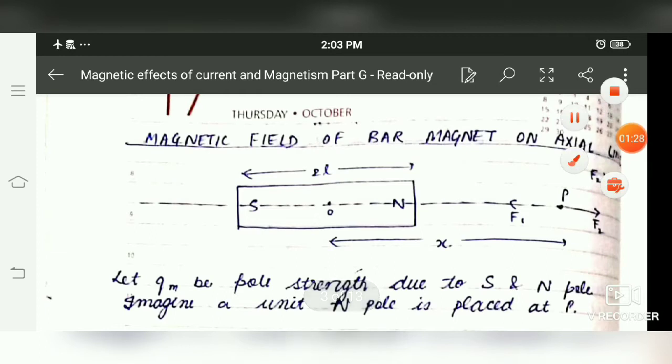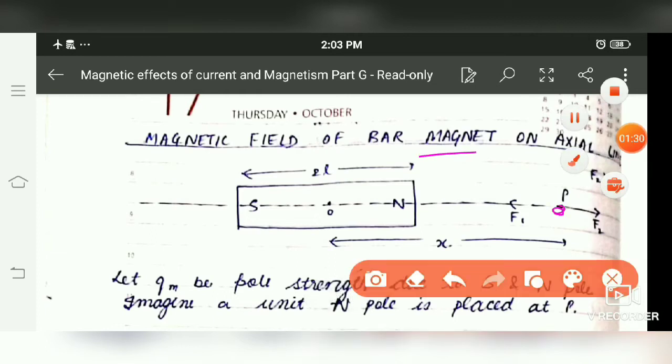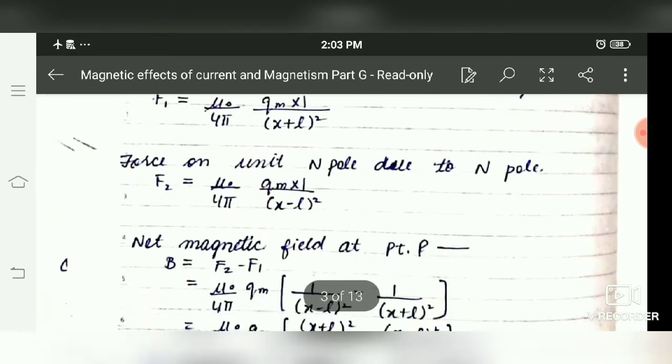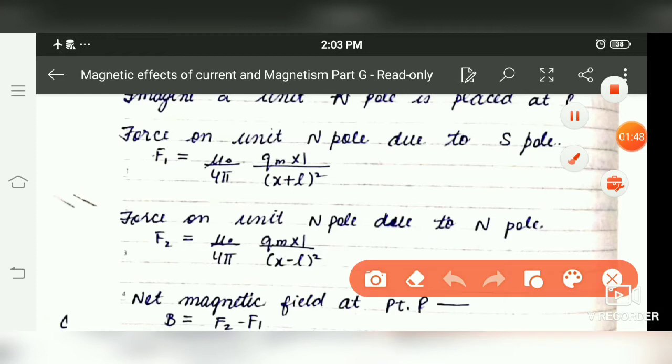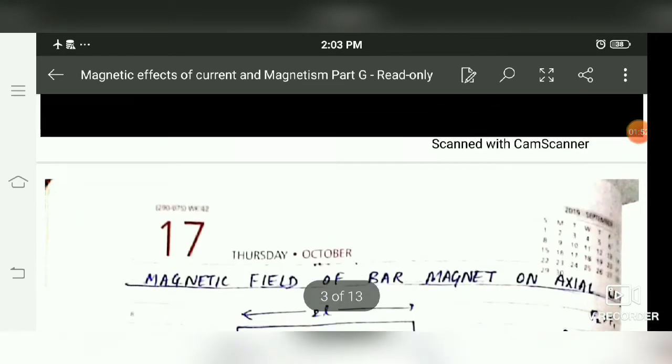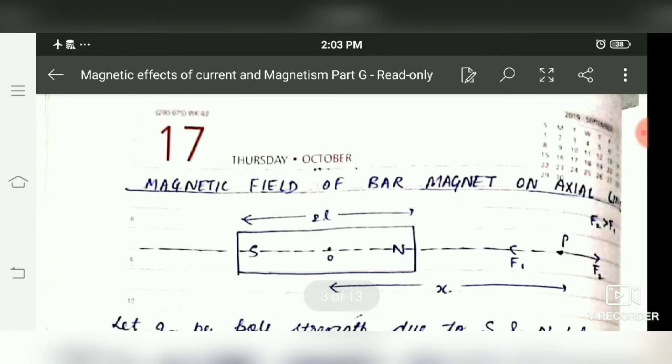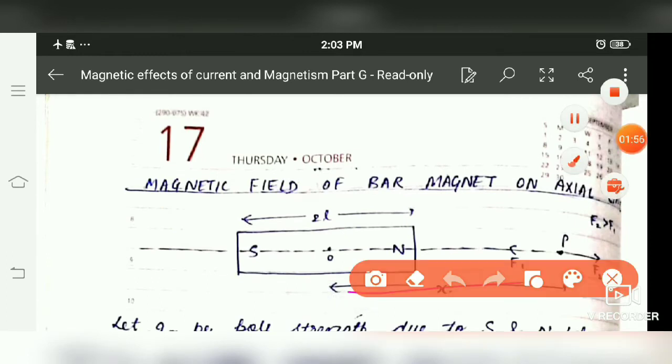Next is the magnetic field of a bar magnet on an axial point. Suppose a magnetic dipole is here, with the strength of the pole being unity. So from here we can say F1 is the force on a unit north pole due to the south pole. This is x plus l, because this is x, this is x, and this is l.